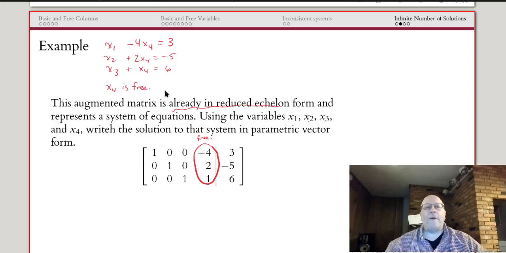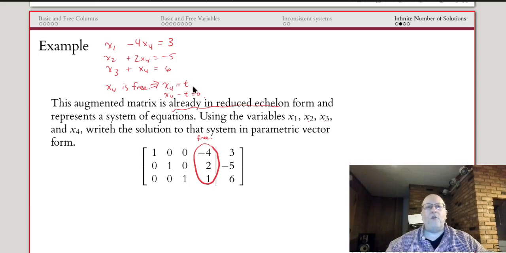When I have a free variable in the system, I assign it to a new letter. So I can say x4 is equal to t, but I can also say that x4 minus t is equal to 0. That's the same thing.